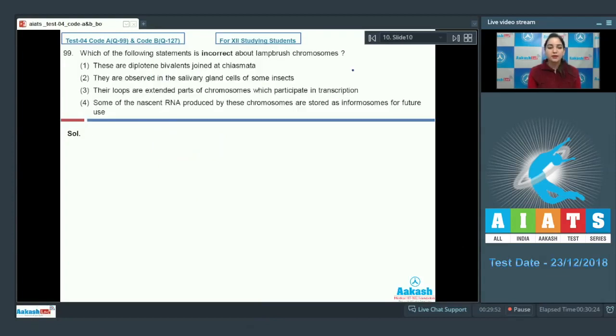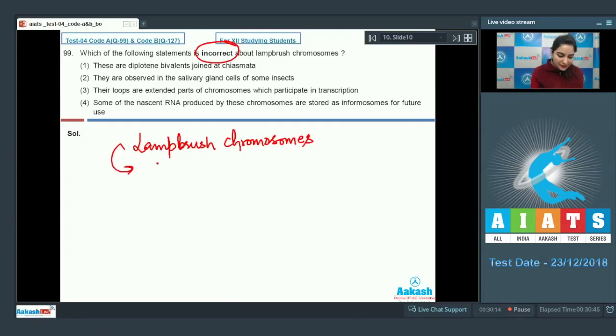Now let's move further. The next question says, which of the following is incorrect about Lampbrush chromosomes? You have to remember, students, that Lampbrush chromosomes are also known as giant chromosomes.